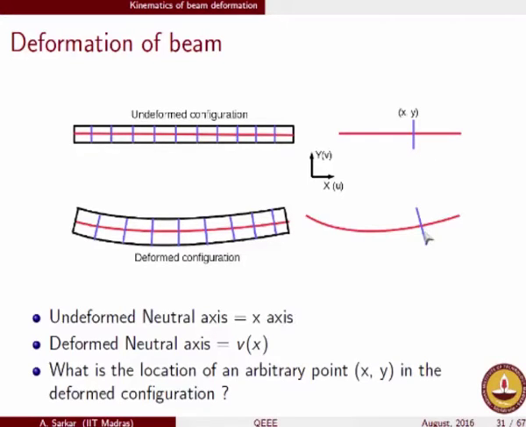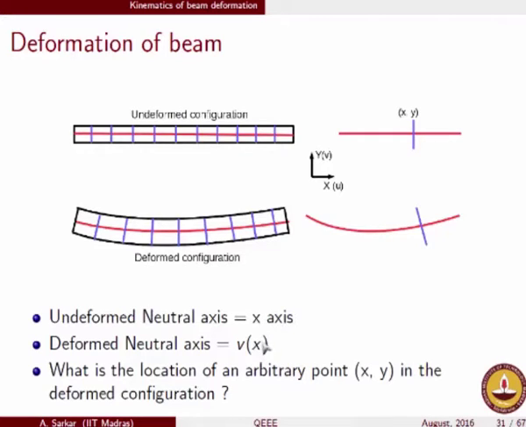So you really don't need to map each and every point on the solid beam, rather you need to map each and every point on the neutral axis. If you know how the neutral axis deforms, then it is sufficient to establish how each and every particle on the beam is moving.